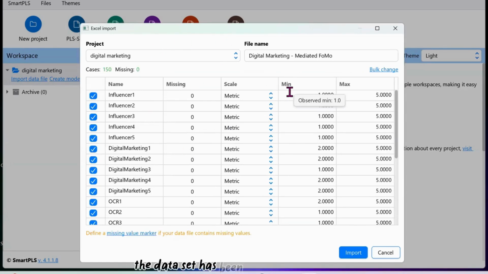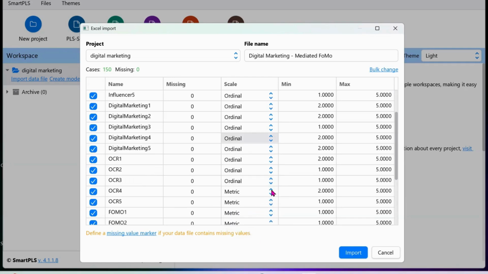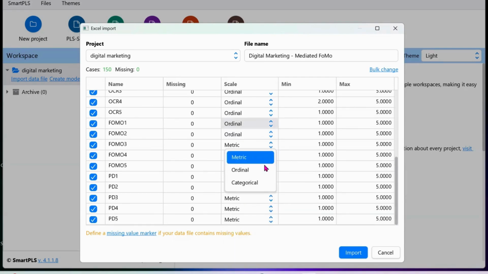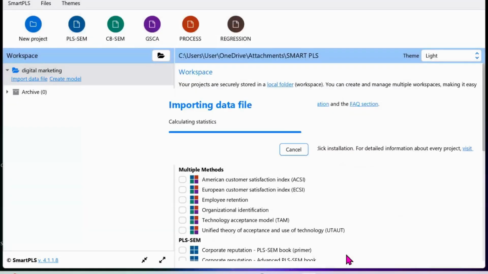The dataset has been input successfully. I can now see all the indicators and the data. Everything looks fine. Data import.